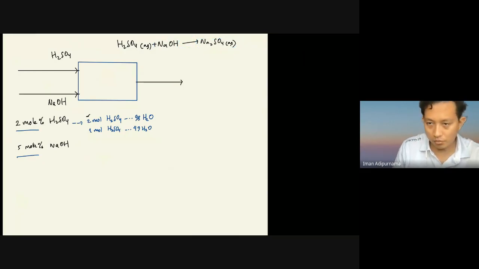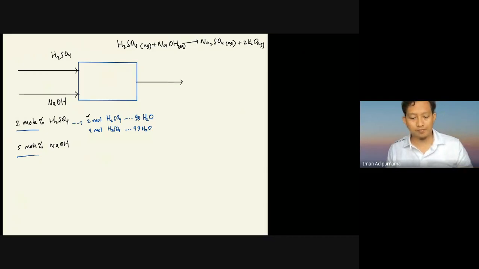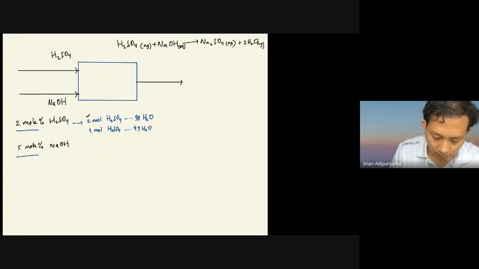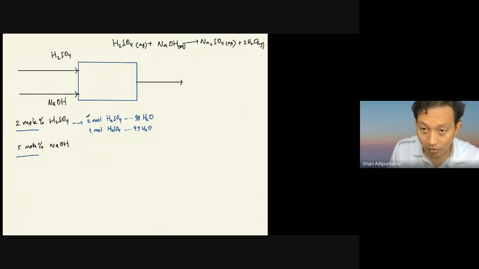And then plus the water, and then the solute solutions. I think we need to look at the stoichiometry. This is 2, right? Okay.